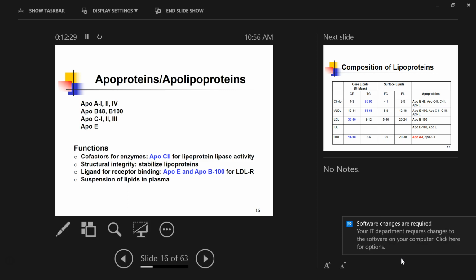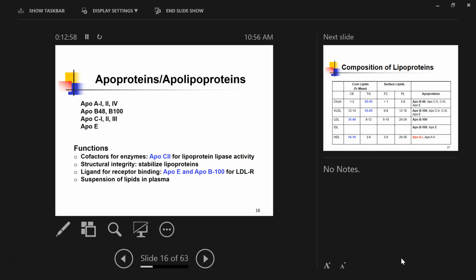And third, some of the apoproteins can function as a ligand for receptors. So, for example, ApoE and ApoB100 can act as a ligand for the LDL receptors.